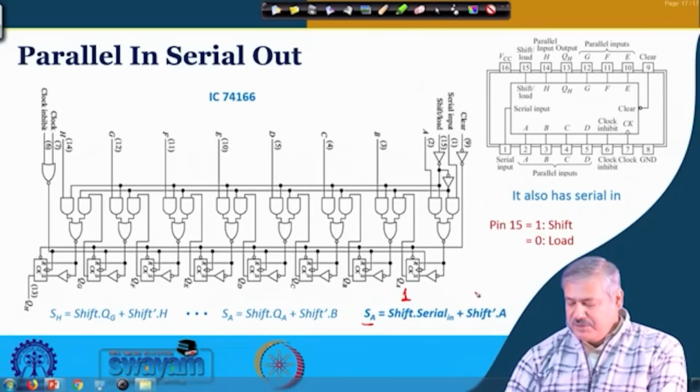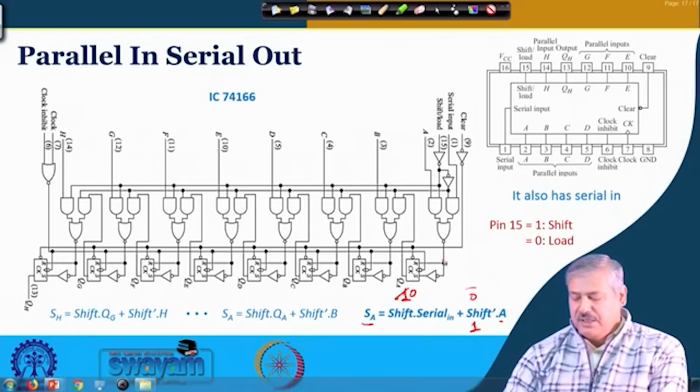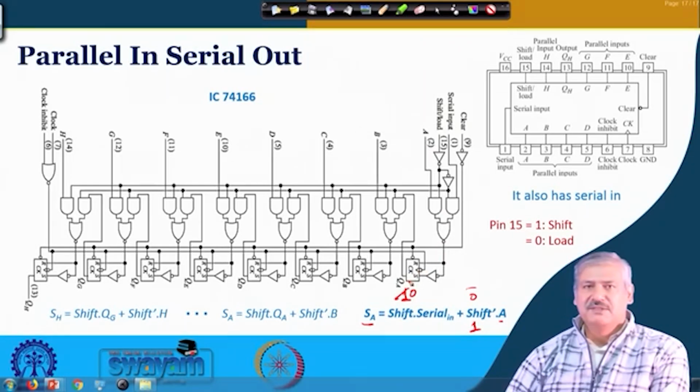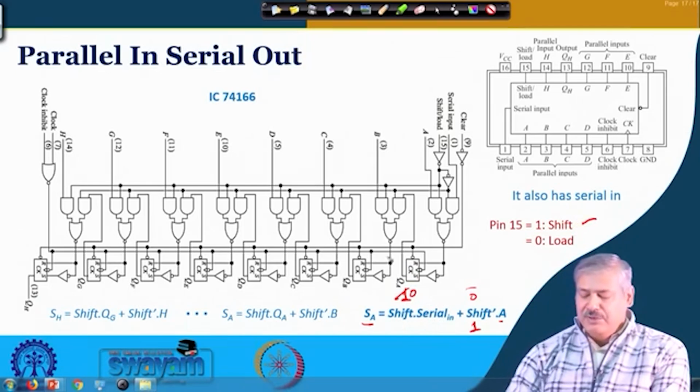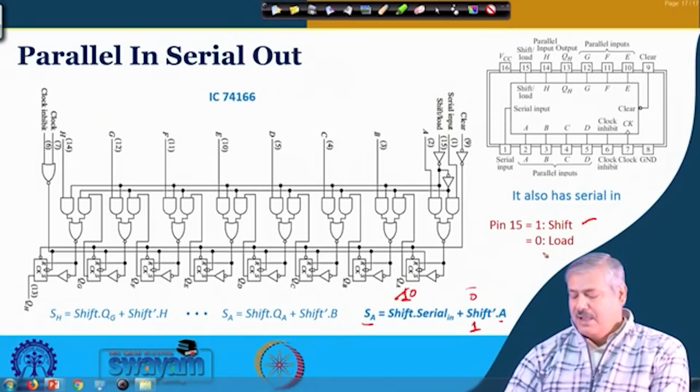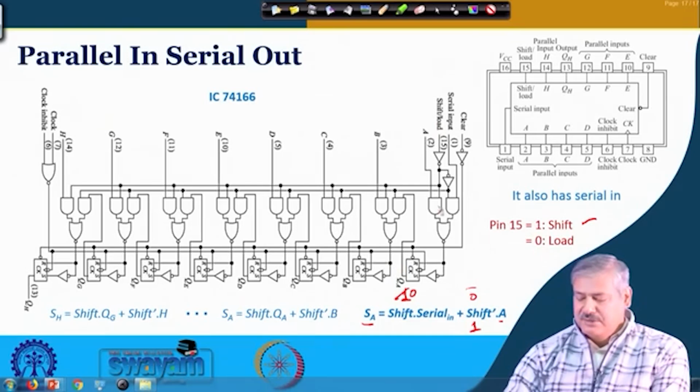And if shift is equal to 0, okay, so 0 bar, so this is 1, so A will be going as input of SA. Is it clear? This part you understand? So that means with clock trigger, with shift equal to 1, serial in will come here, and with shift equal to 0, the value A will get loaded.